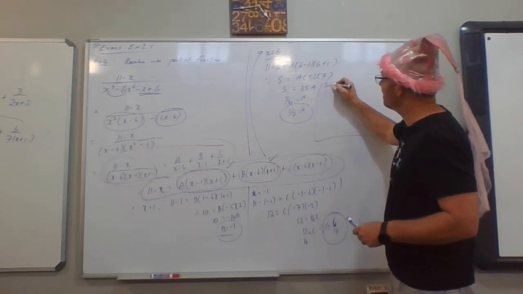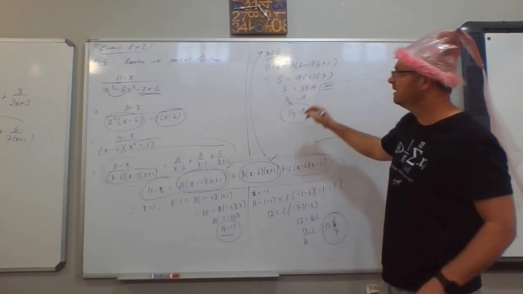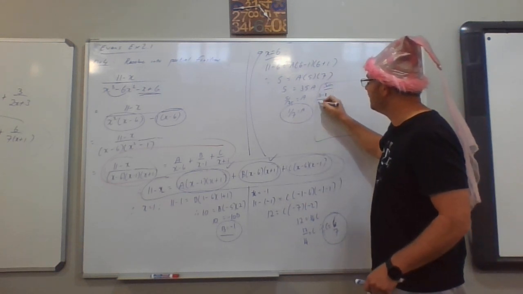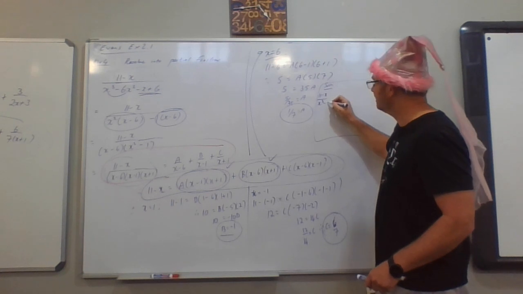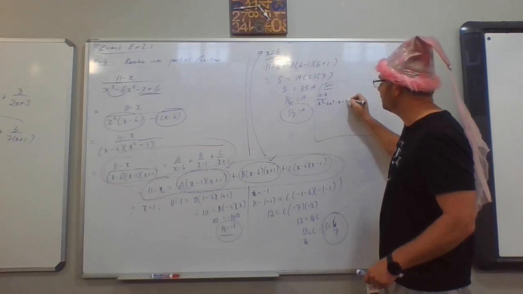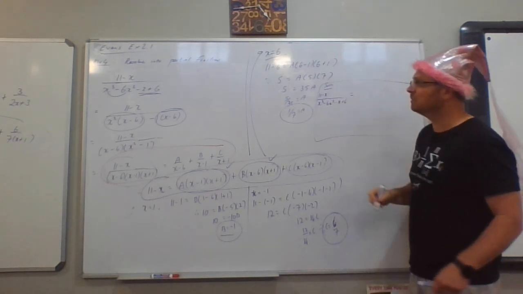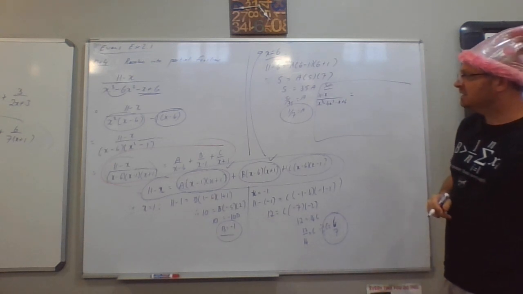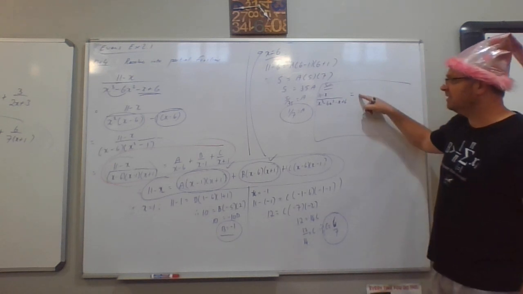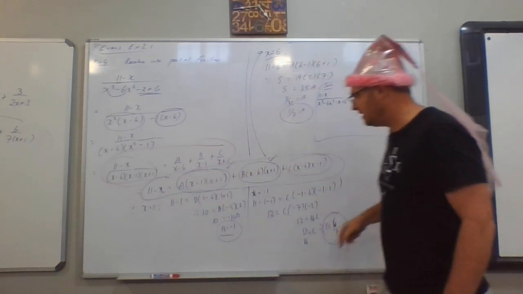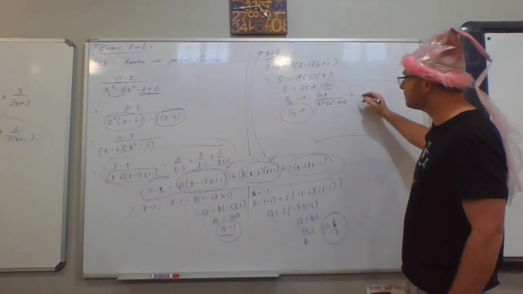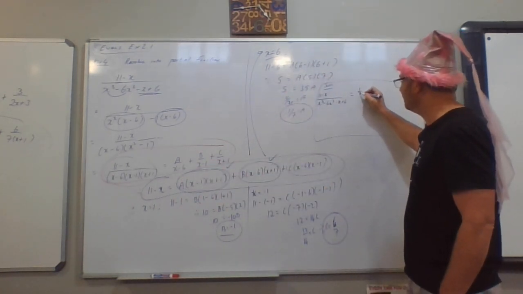Okay, so your final solution is going to be (11 minus x) over (x cubed minus 6x squared minus x plus 6) is going to be equal to a over x minus 6, but a is equal to 1 over 7, so you could write it like this, but it's very ugly.